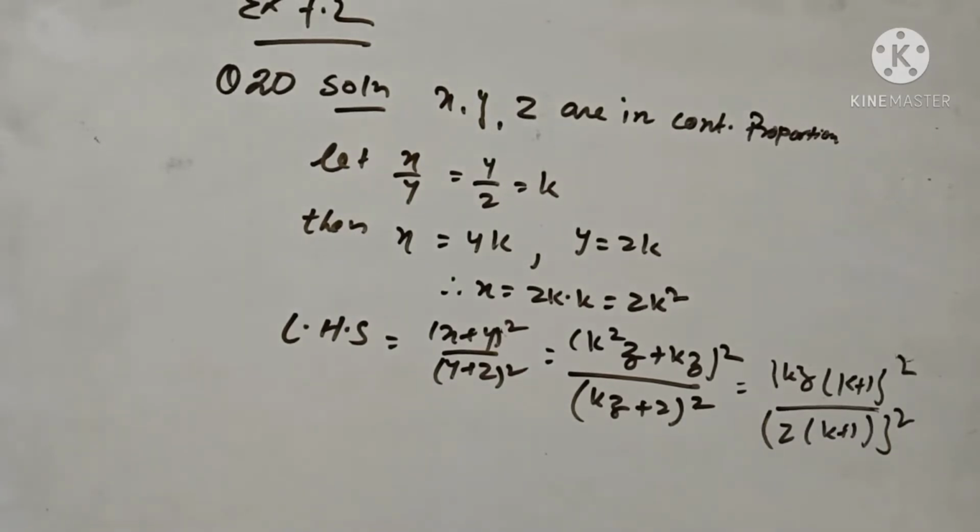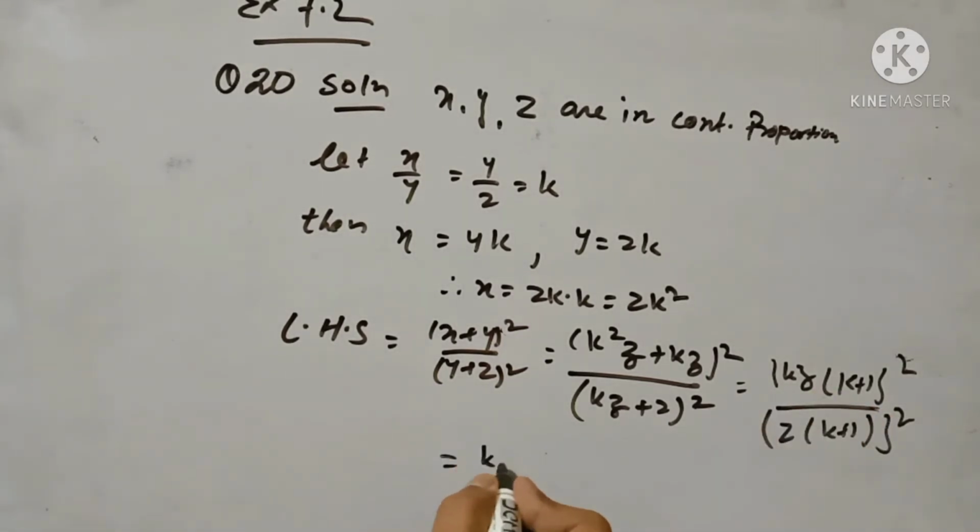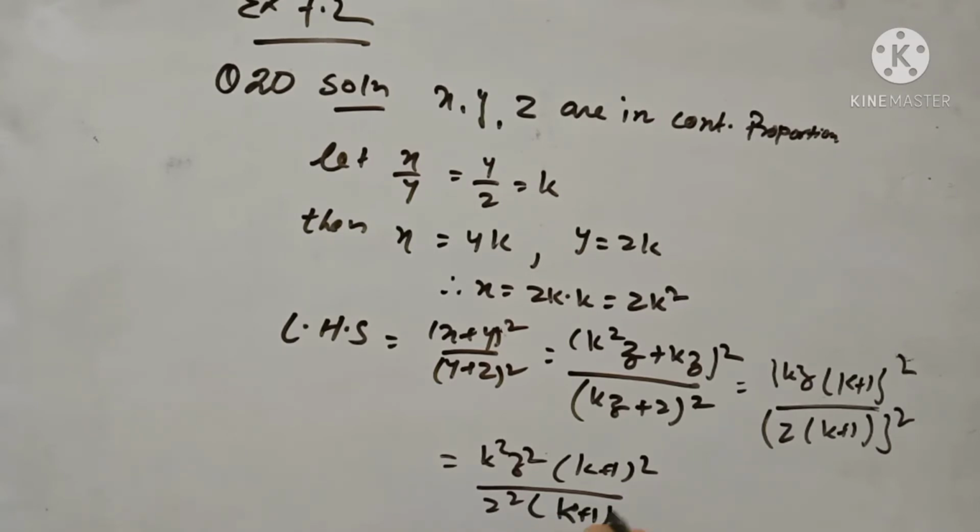So now we can take out this part, k square z square, and this is k plus 1 whole square by z square k plus 1 whole square. This part gone, this part gone, so it will come what? k square. So our LHS has come k square.